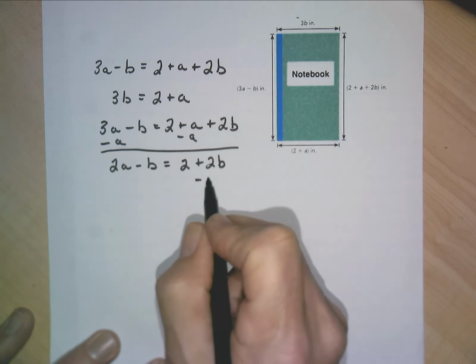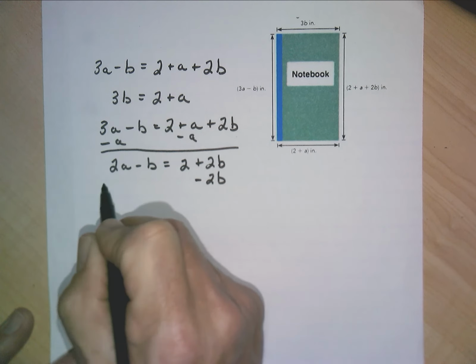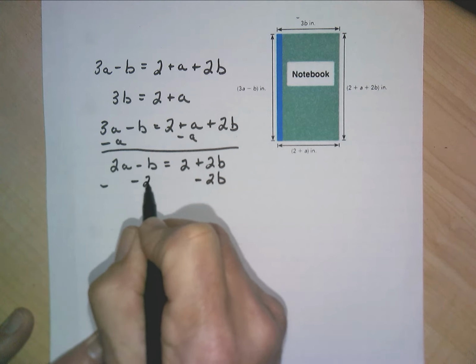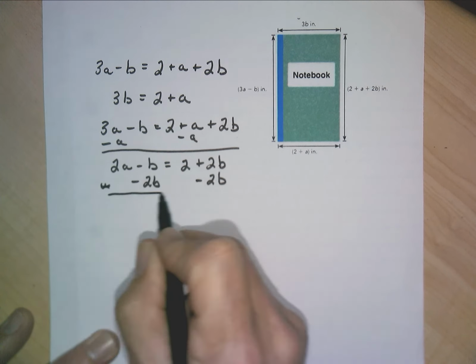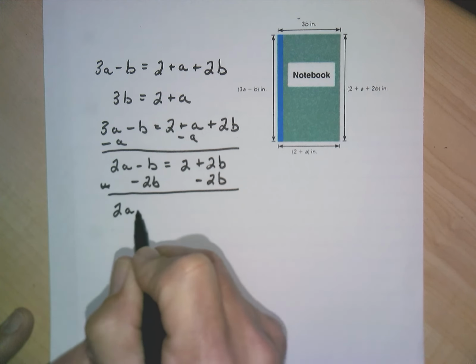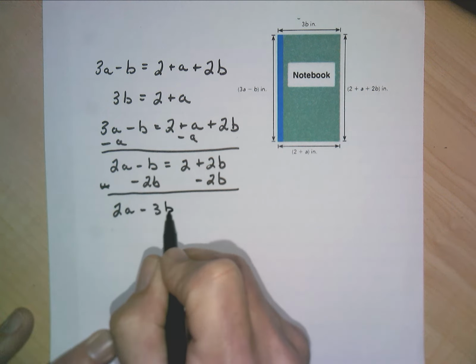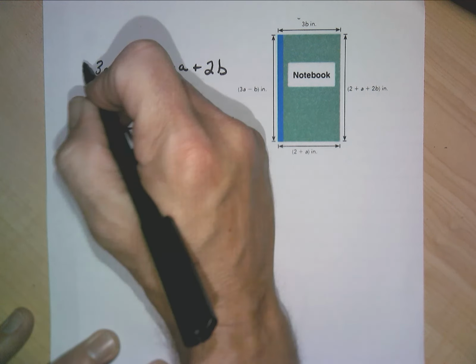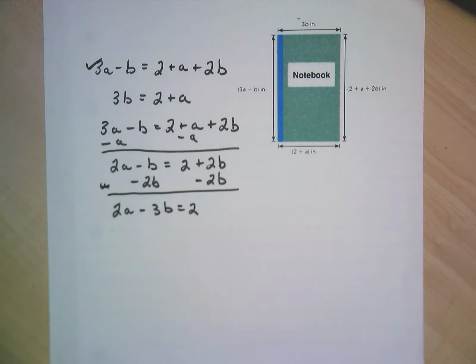I will subtract 2b from both sides, and I'll get 2a minus 3b equals 2. That's what that one looks like.